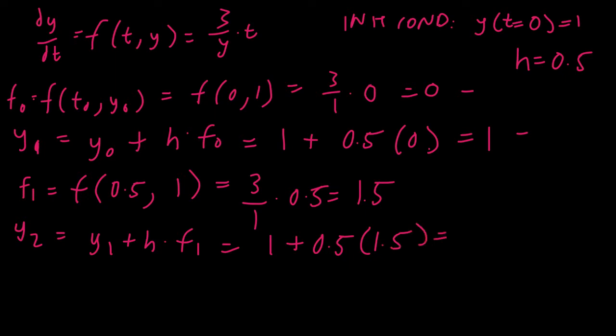We get y2 is equal to 1.75. Let's do one more step just to continue to illustrate how this is done. Once again, y1 and y2 are the next two predicted points with a starting condition of y0. And this process can continue for as many iterations as you wish to compute, depending on what length of time course you wish to approximate.